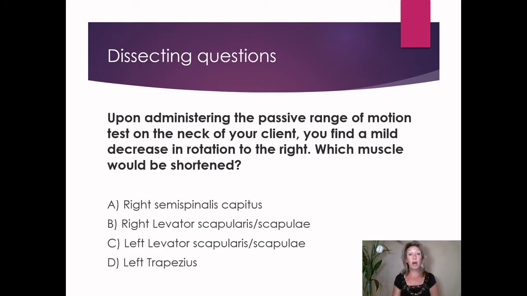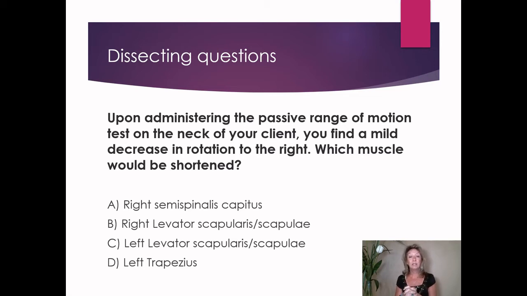All right, upon administering the passive range of motion test on the neck of your client, you find a mild decrease in the rotation to the right. So turn your head to the right. If you're the massage therapist, you're turning their head to the right, and you're seeing a mild decrease in rotation.